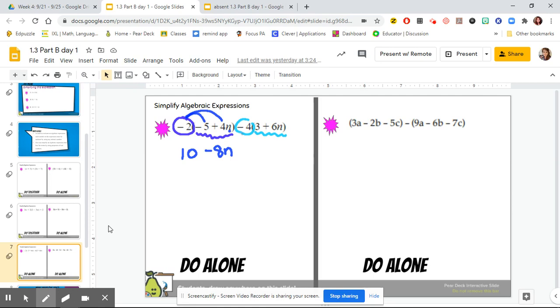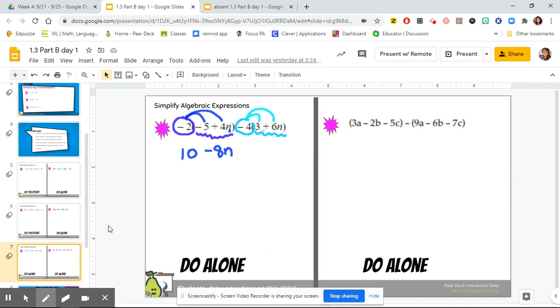Next, we're going to do the same thing, but with the second set of parentheses. I see that there's a number -4, so I'm going to distribute that -4 to the 3, and that -4 to the +6n. Now, keep in mind that the negative sign needs to get distributed to both the 3 and the 6n. If you do not, then your simplification will not be accurate.